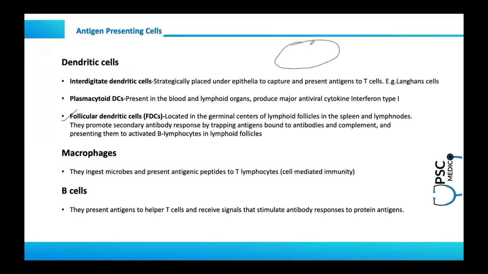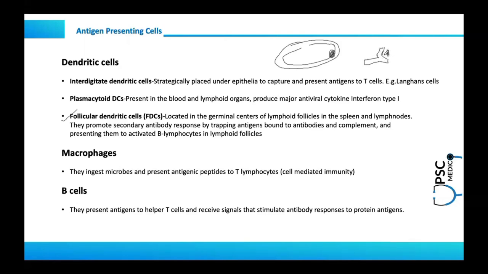And next is follicular dendritic cells. They have a follicular-like structure. They are located inside the germinal centers of the lymphoid follicles like this, in the spleen and lymph node. And what do they do?